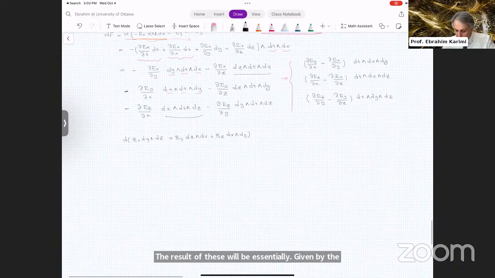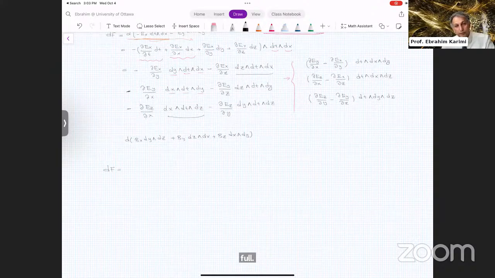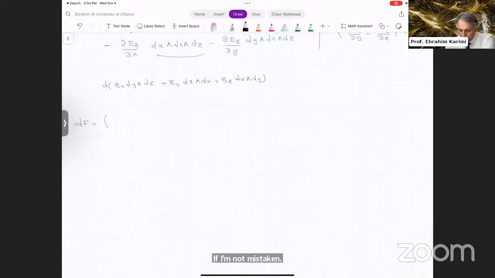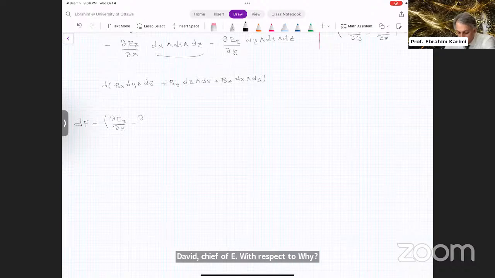The full derivative of f will be equal to, if I'm not mistaken, the derivative of E with respect to y minus the derivative of E_y with respect to z minus the derivative of the magnetic field with respect to time.